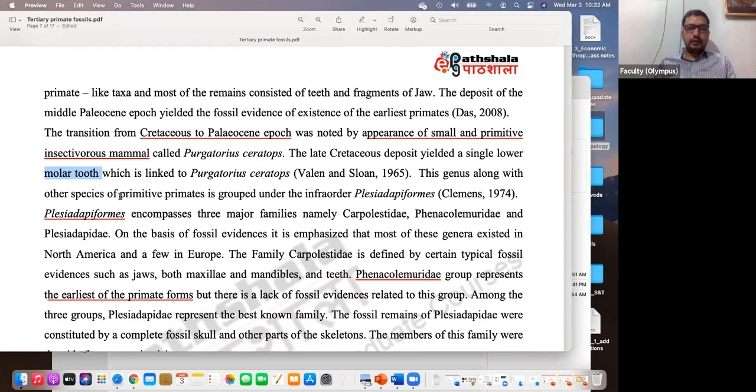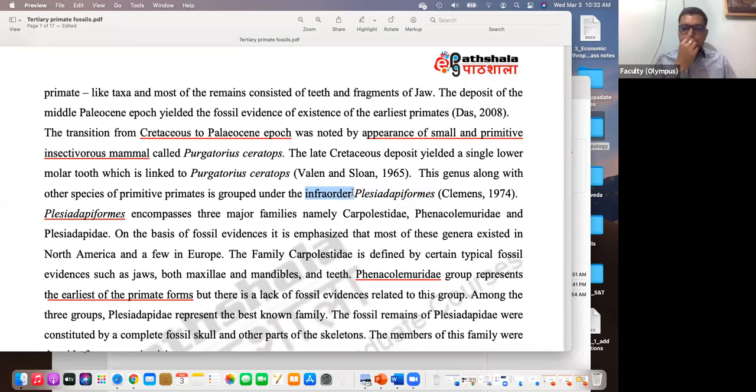Later, they found other primitive primates which were placed into a specific infraorder called Plesiadapiformes. They found a few other initial primates which they put under this infraorder. We briefly talked about this classification: order, infraorder, superfamily, family.